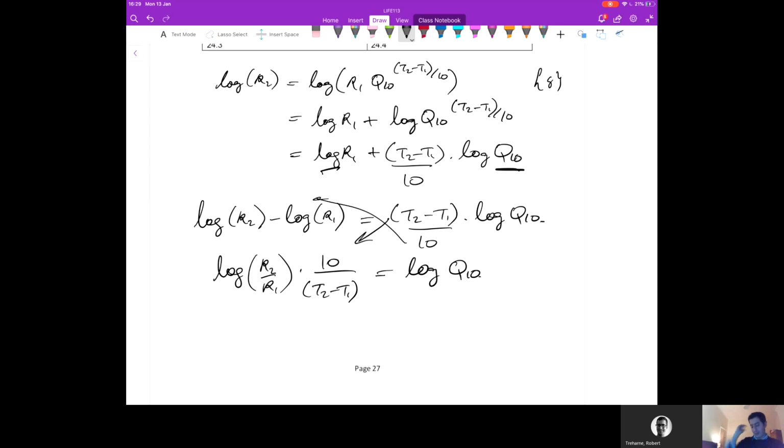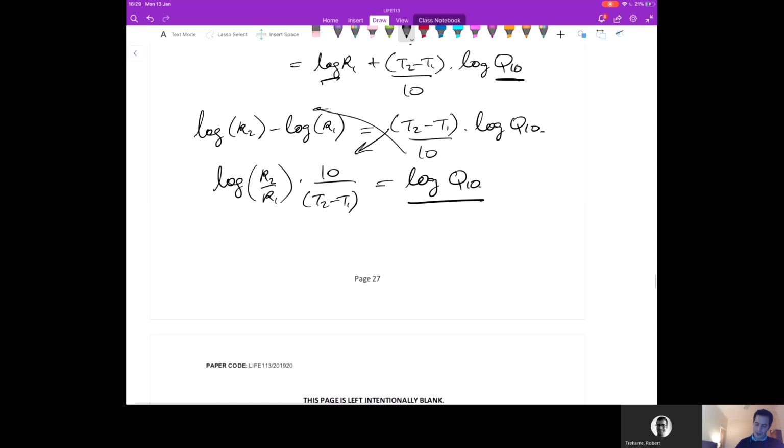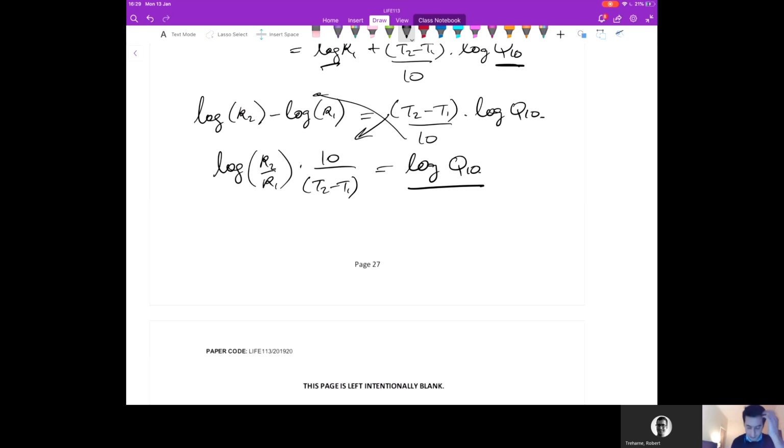Okay, so I've done it pretty much. So actually what I'm going to do first is plug the numbers in and calculate log Q10. So let's plug those numbers in, shall we? R2 was 24.4 over 14.2 multiplied by 10 divided by 24.3 minus 9.20.